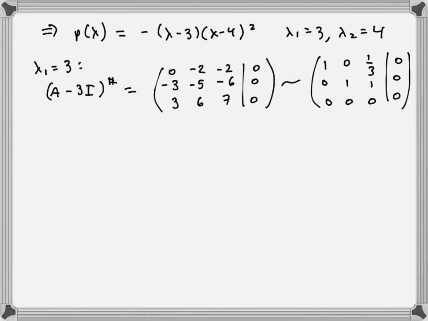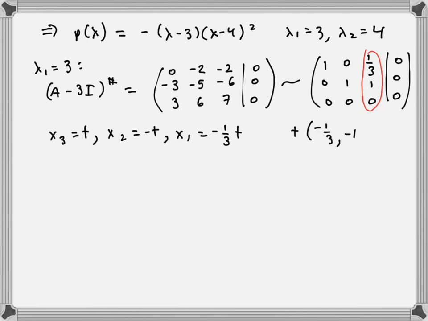So where's our free variable? Our free variable has to be right there. So this means x3 is equal to t, x2 is negative t, and x1 is equal to negative 1/3 t. So we end up with t times negative 1/3, negative 1, 1.